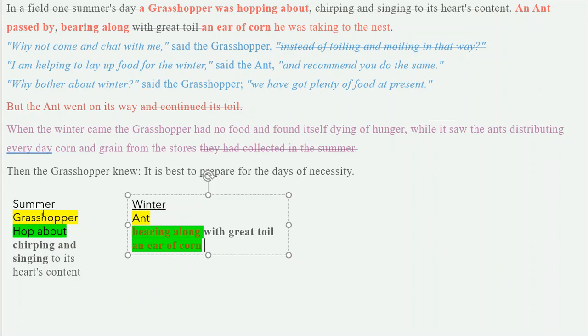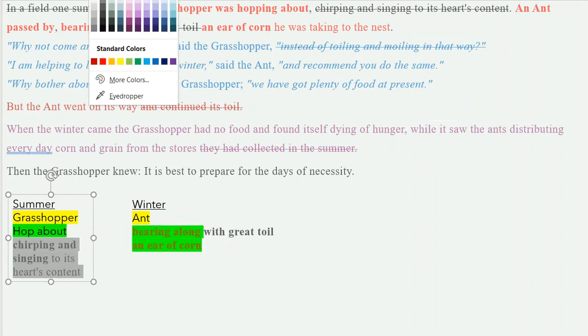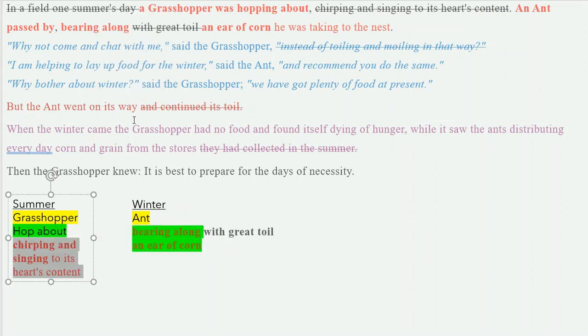If you're a grasshopper in summer, you chirp and sing to your heart's content, right? So maybe we'll make it red. But if you're an ant, you work hard, right? You work with great toil. What other words can we put here?